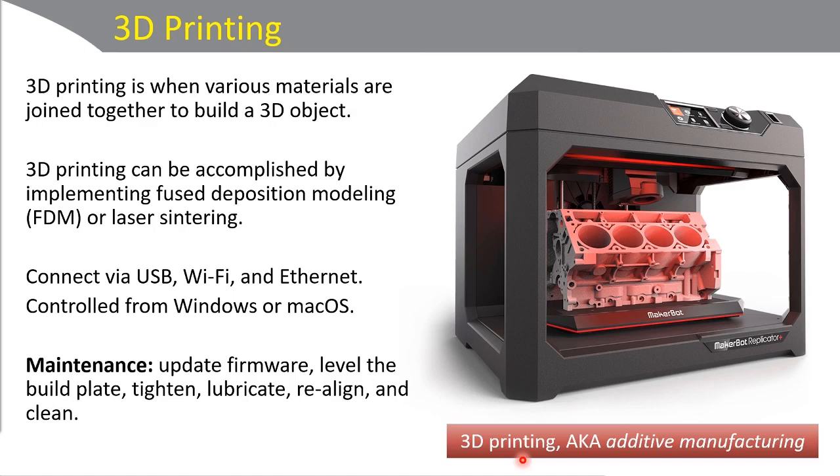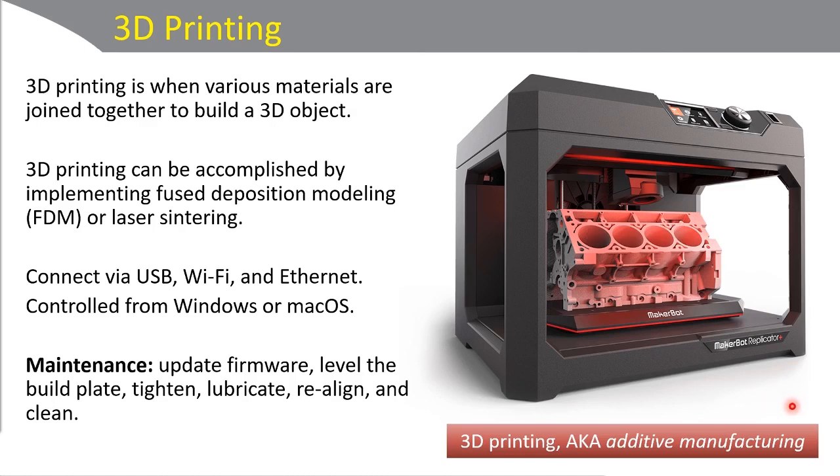Next, periodically make sure the build plate is level. And on cheaper devices, on home use devices, you could actually do this with a physical level, a tool. But on devices like this, you would do it from the LCD panel. So make sure that build plate is level, otherwise your object might not come out correctly.